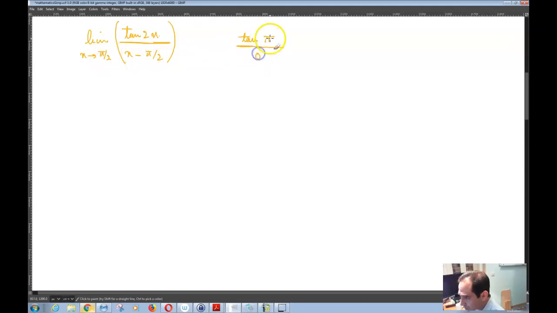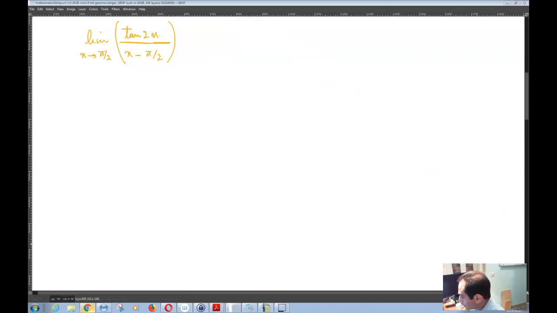is equal to 0. Now tan pi is equal to sine pi by cos pi. Now sine pi is equal to 0, so 0 divided by anything is equal to 0, so this becomes 0, so you'll get 0 by 0.